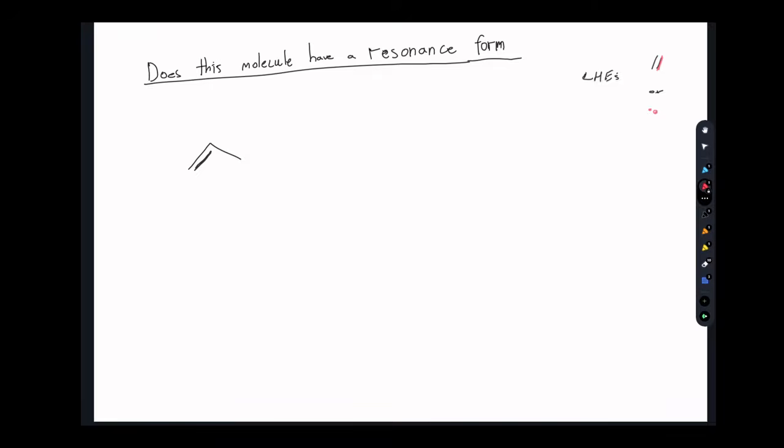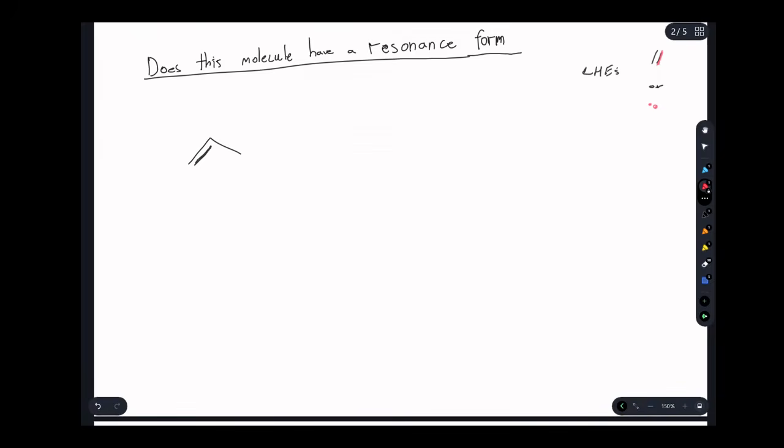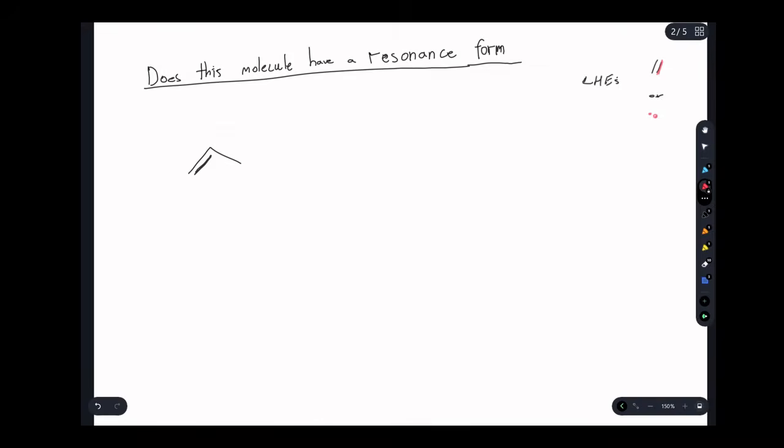Looking at this molecule, you may be asked, does this molecule have a resonance form? Now, if we look for the loosely held electrons in this molecule, we can clearly see that there is a pi bond, and that is between carbons 1 and 2. And that is the only loosely held electron available. So the question is, can it move somewhere?